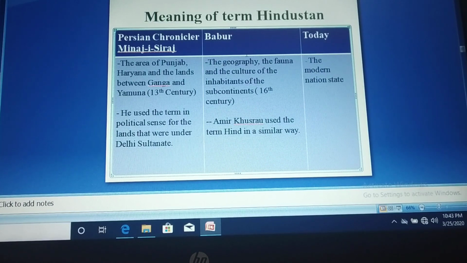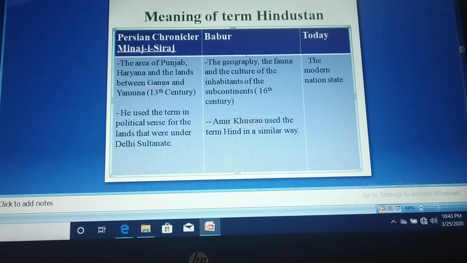And today when we use the term Hindustan, what meaning does it have? It is the political sense, and the boundary of India is what we actually have right now, from Kashmir to Kanyakumari and from Gujarat to Arunachal Pradesh. The whole of India is Hindustan, whereas when Minhaj-i-Siraj spoke about Hindustan it was only the northern portion, which was under the control of the Delhi Sultans.